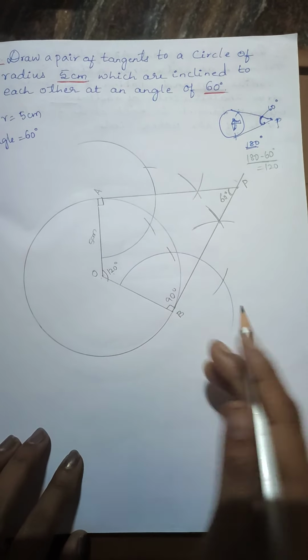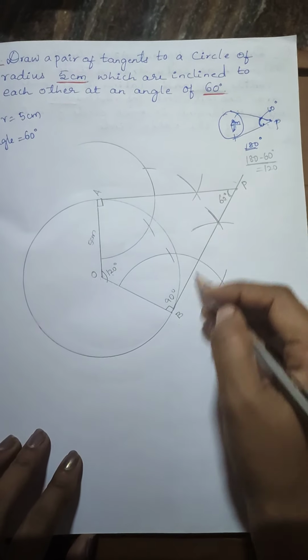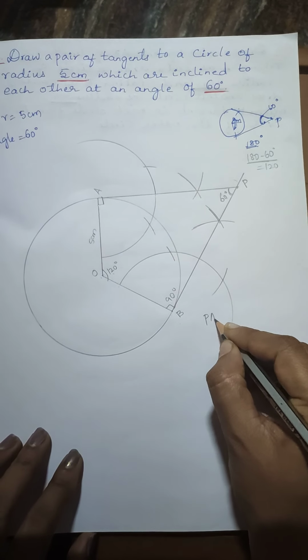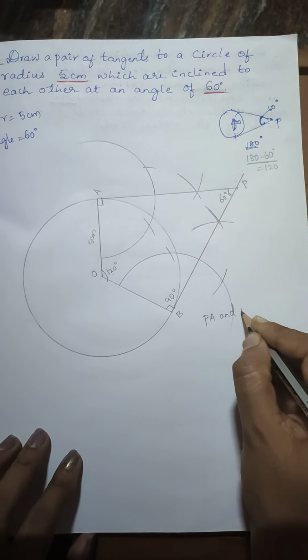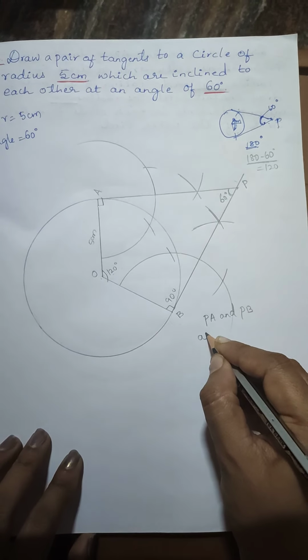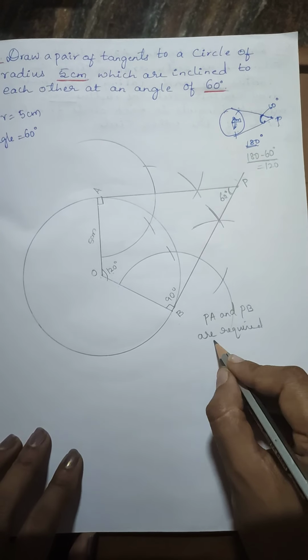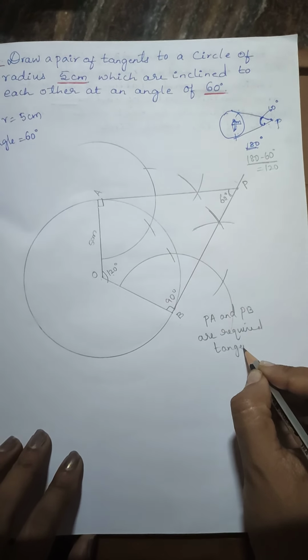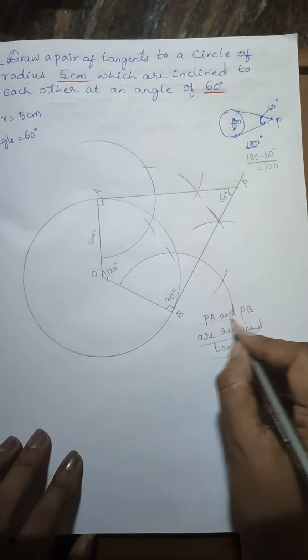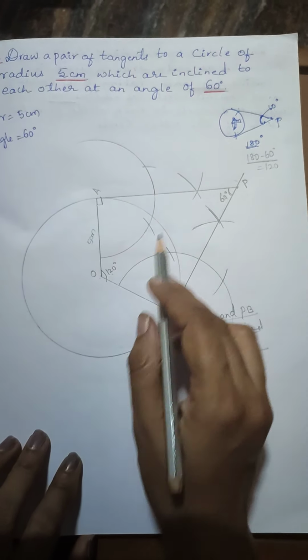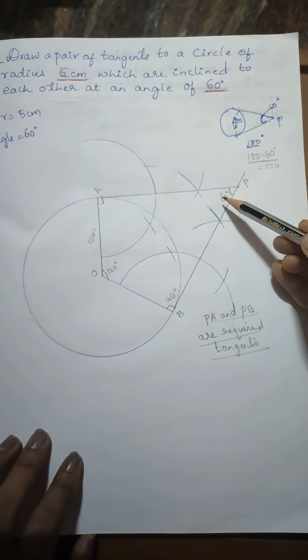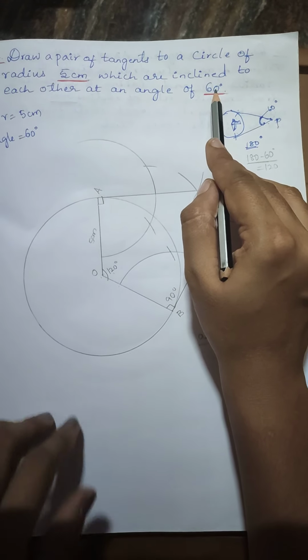Here just write PA and PB are required tangents.